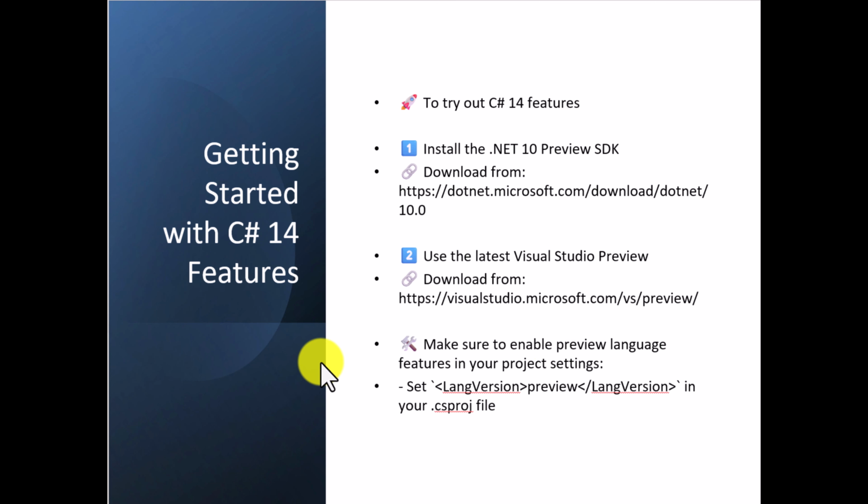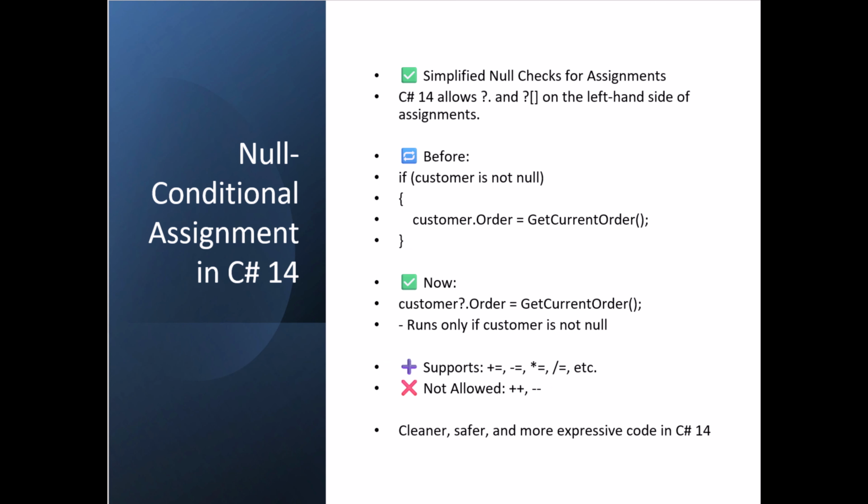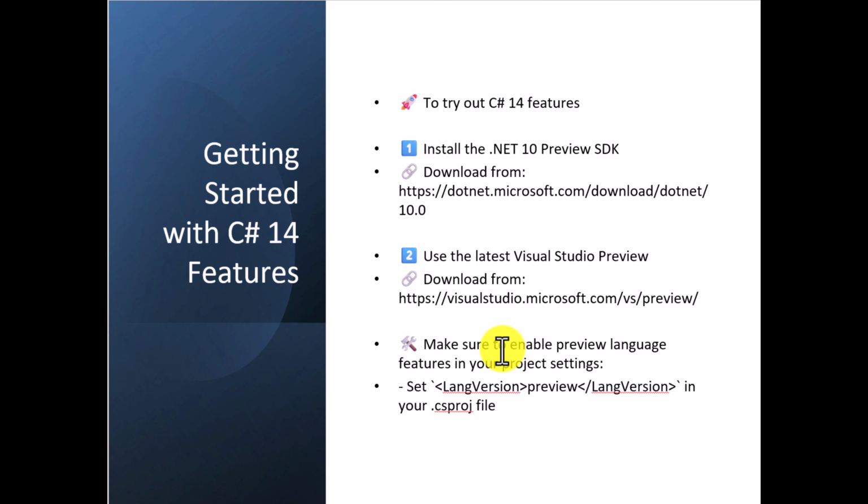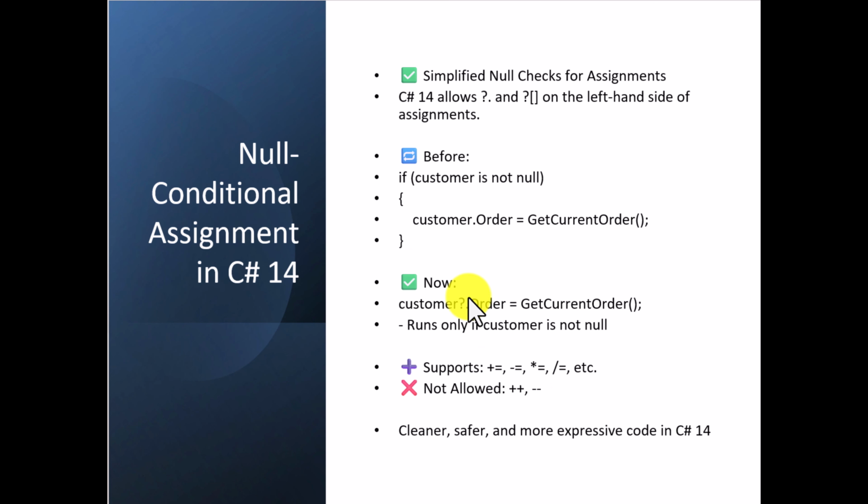So in this video, what feature am I going to cover? I'm going to talk about null conditional assignment in C#. In earlier versions of C#, we had to explicitly check if an object was null before assigning a value to one of its members. With C# 14, we can now use a null conditional operator directly on the left side of the assignment.